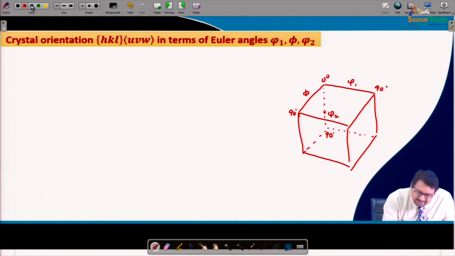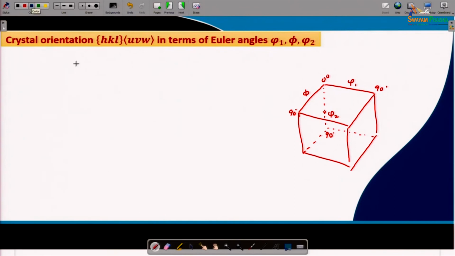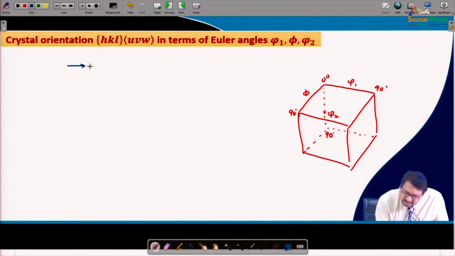Any orientation that is 1 0 0, 0 1 0, and 0 0 1 is used to represent the crystal coordinate system.